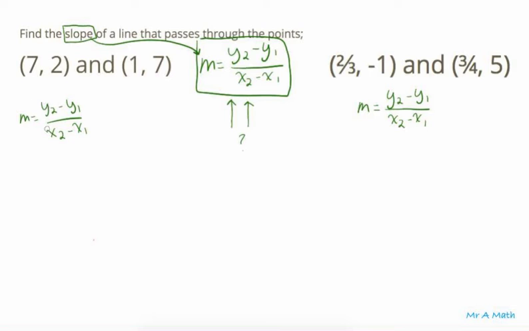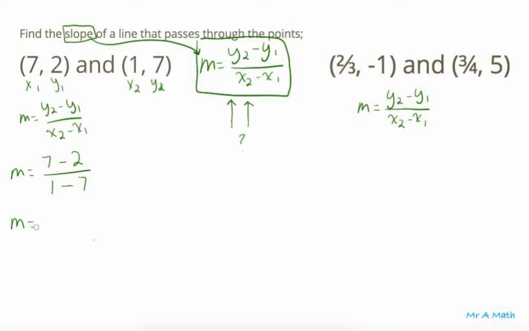So first and foremost, before I start with my equation, I'm going to go ahead and label my points x1, y1, x2, y2. It's the x and y value of the first and the second point. So I'm going to go ahead and plug these in. My y2 is 7 minus my y1, which is 2, over my x2, which is 1, minus my x1, which is 7.